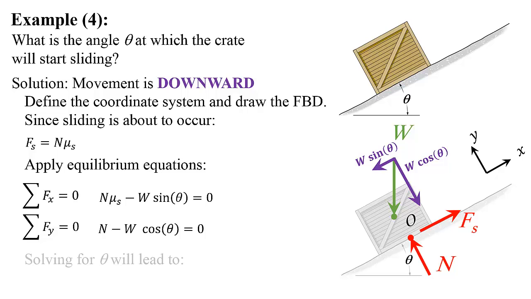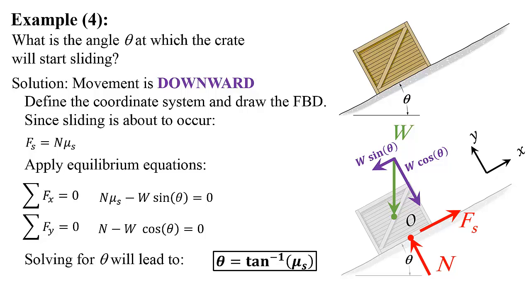Solving for theta in this case, I have two equations with two unknowns, n and theta, but I'm interested in theta. We find that theta is the tan inverse of mu s, and we notice here that theta does not depend on the weight of the crate.